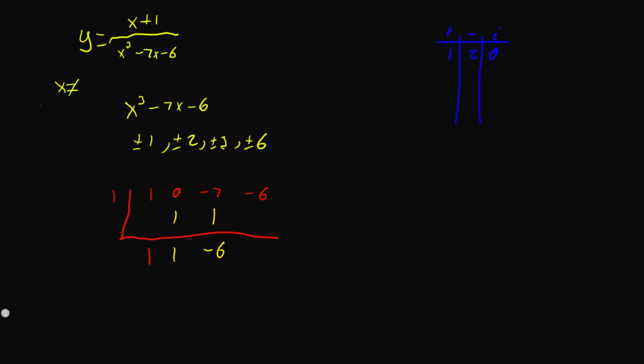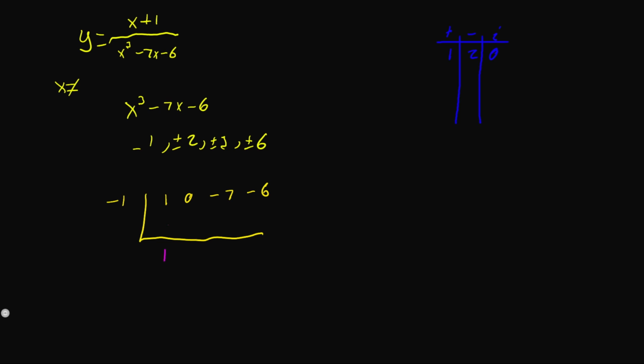We multiply by 1, which gives us negative 6, and that totals negative 12, which is not our solution. So we can remove the plus 1, and we're going to look at negative now. So we have negative 1 and our little cubic here, 1, 0, negative 7, and negative 6.